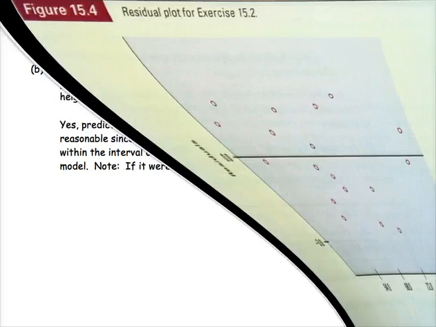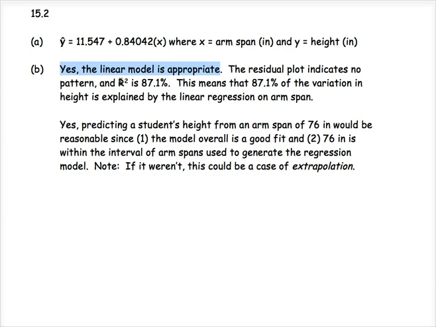The other reason involves the value of r squared. Notice r squared is 87.1%. You need to be able to interpret r squared in context. So here are the parts. This means that 87.1% of the variation in height is explained by the linear regression on arm span.